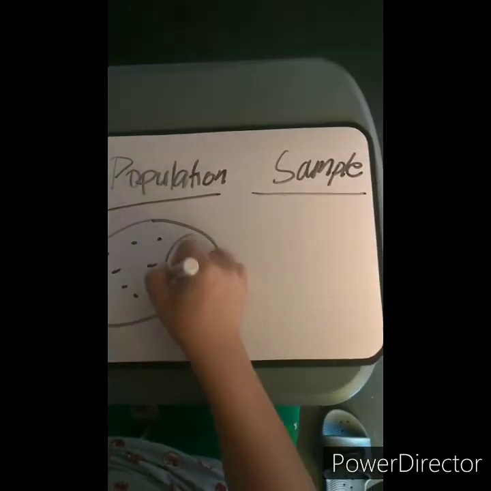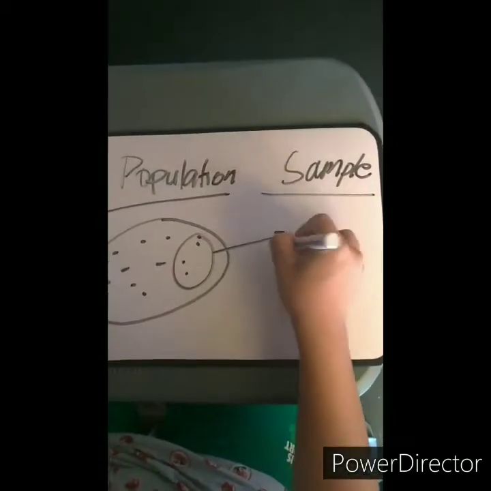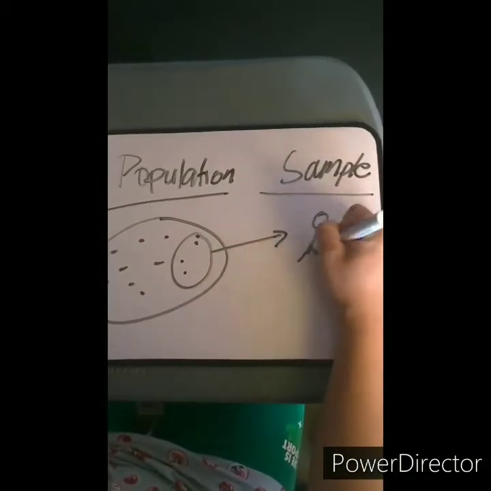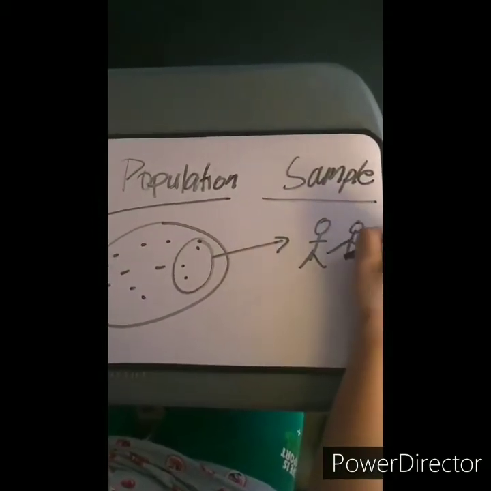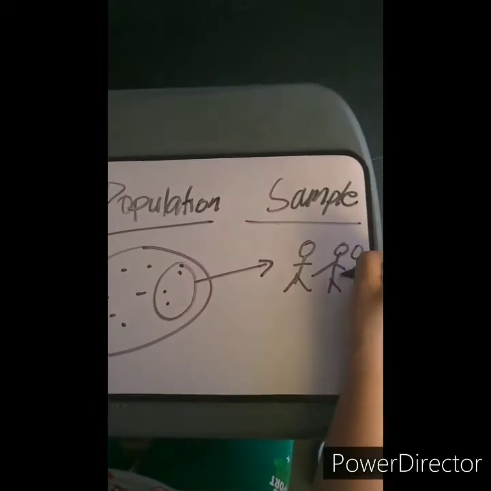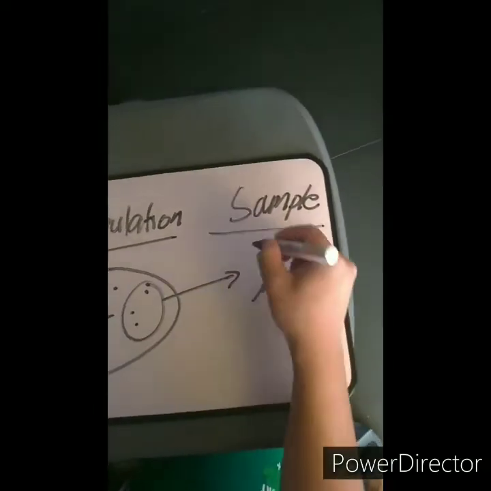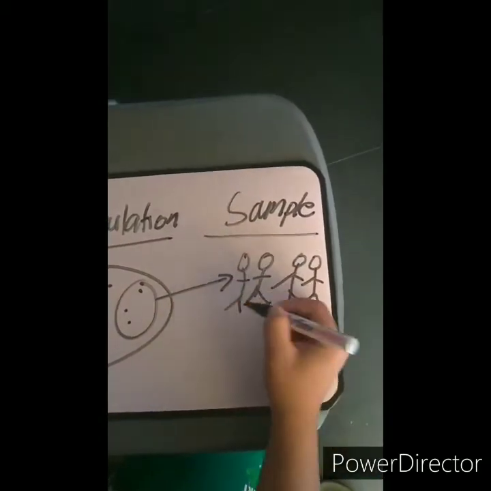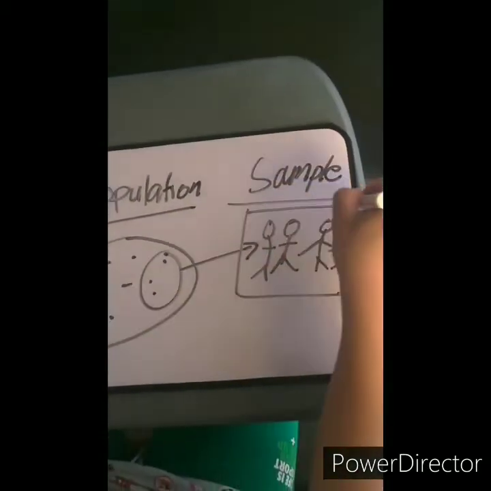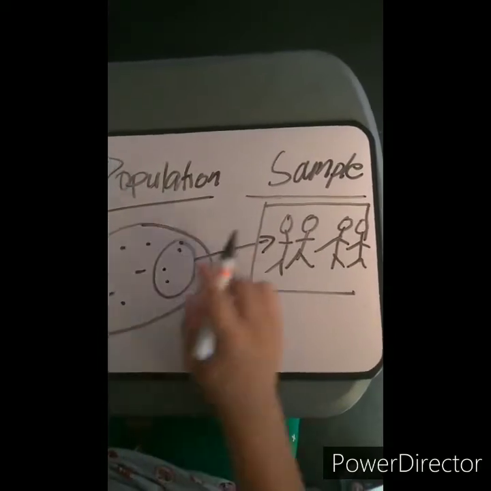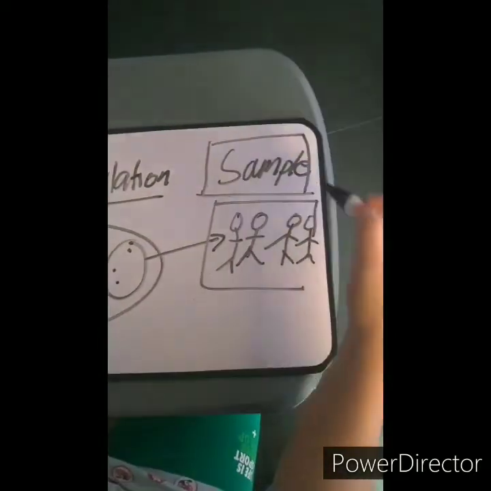Now, if I get some people from these, so we have 1, 2, 3. Okay. So we got 4 people. This 4 people is representing the population, which is called the sample.